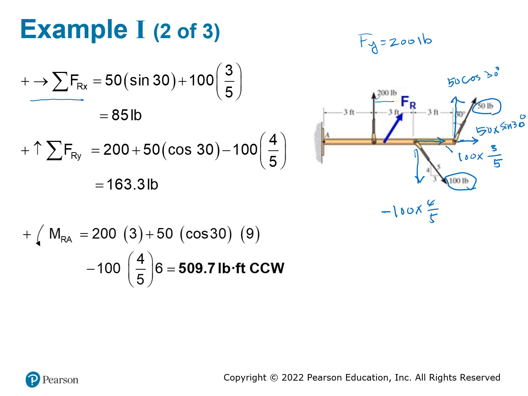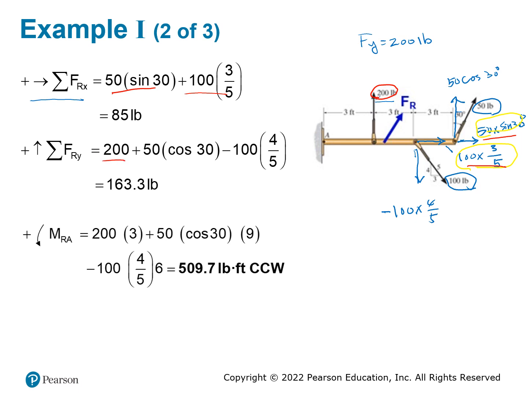So if you look at the x direction, we have this one here and this one here, and that's it. You have two things added together. And if you look at the y direction, we have 200, which is straight up.